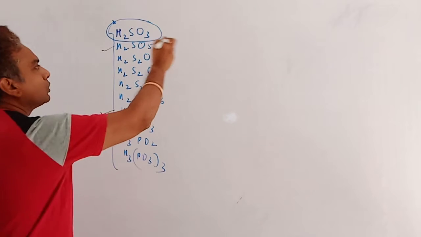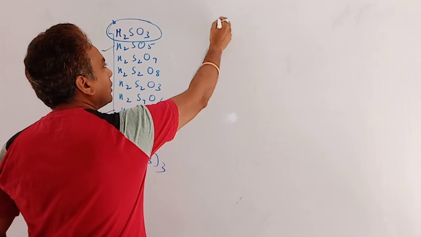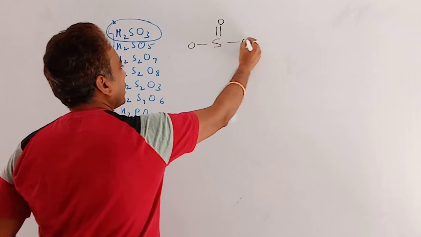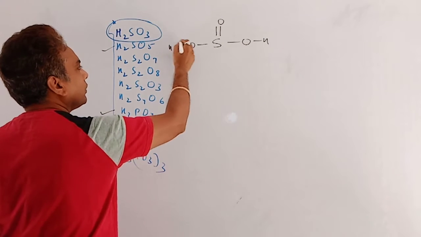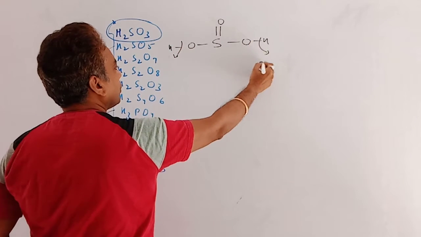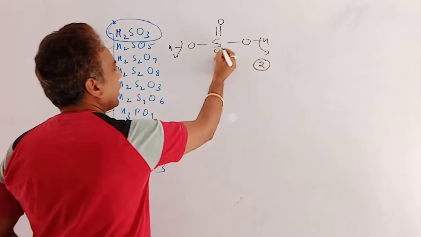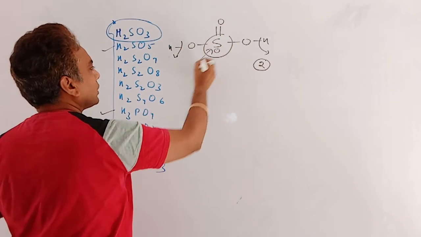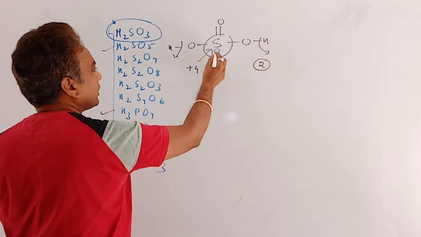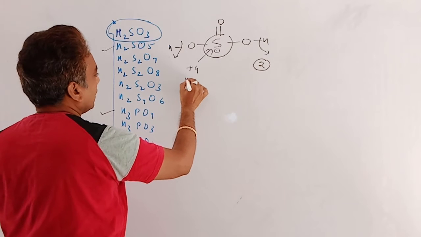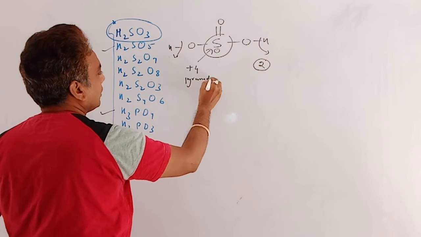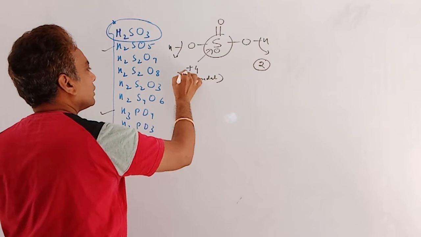Now H2SO3. In case of H2SO3, it is an exceptional molecule in which 2 hydrogens are directly attached with O. So the basicity of this molecule is 2, but due to the presence of one lone pair, the oxidation state of sulfur is +4, and the geometry with respect to sulfur is pyramidal, trigonal pyramidal. Here is an exception.